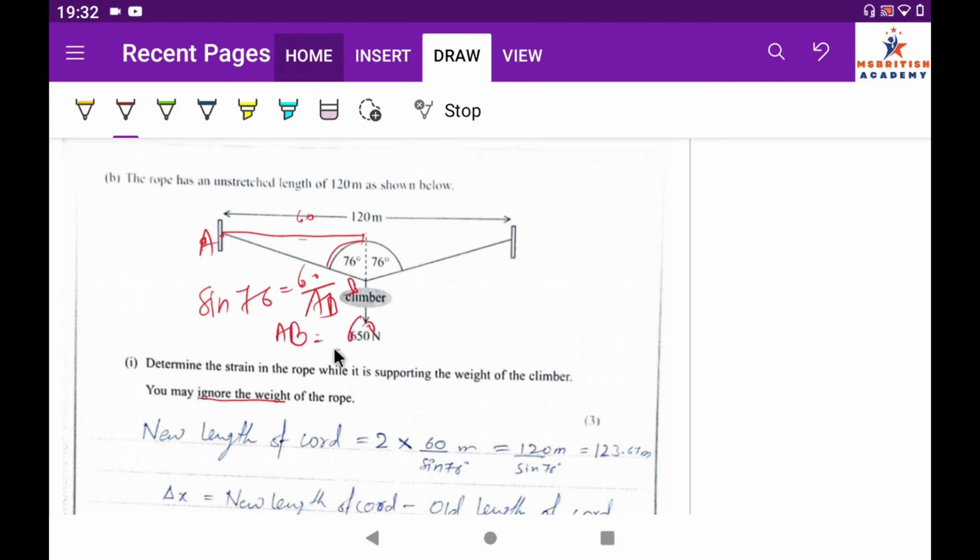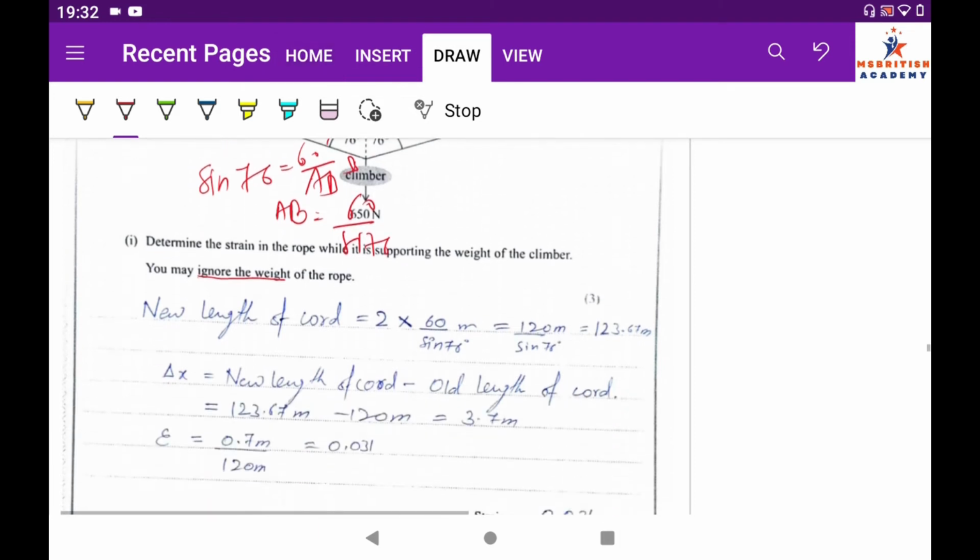AB will be 60 divided by sine 76. So this plus this, therefore 2 times 60 over sine 76 meter is equal to 123.67 meters.